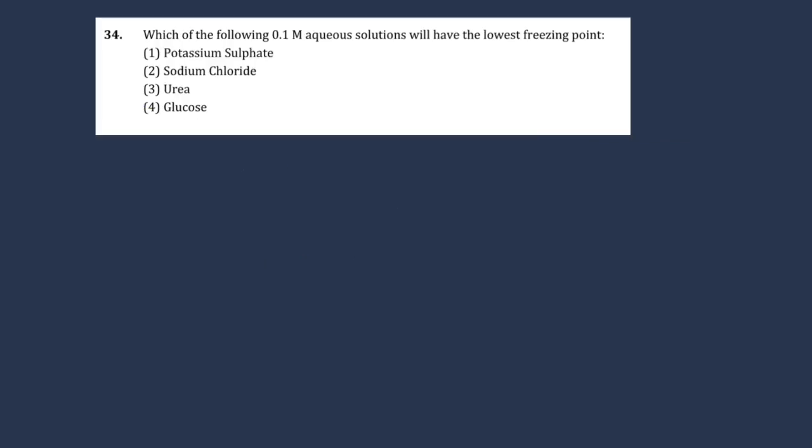The next one is 34. Which of the following 0.1 m aqueous solutions will have the lowest freezing point? Lowest freezing point means more solute particles are required, because we already studied solvent particle, solute particle, solvent particle, solute particle. Therefore more solute particles, less vapor pressure.